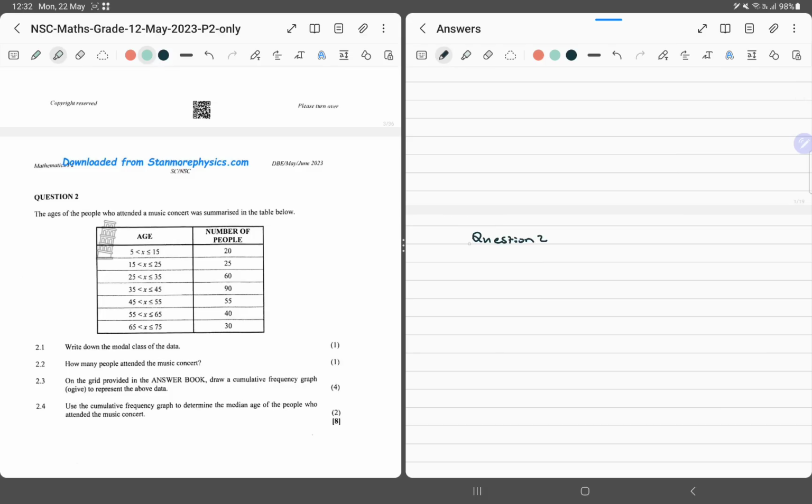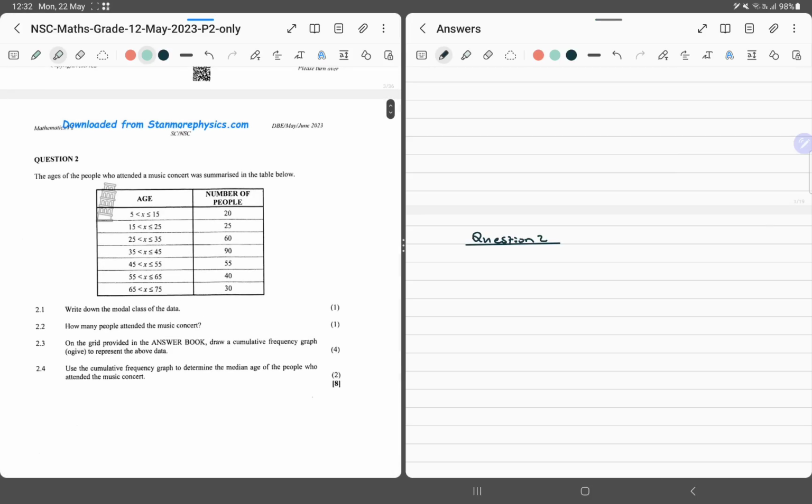Now here we're going to be dealing with grouped data. You always have a question on this. It says the ages of people who attended a music concert were summarized in the table below. From 5 to 15 there were 20, 15 to 25 there were 25, 25 to 35, 60, and so forth. It says write down the modal class of the data. Obviously the modal class is the one with the greatest frequency.